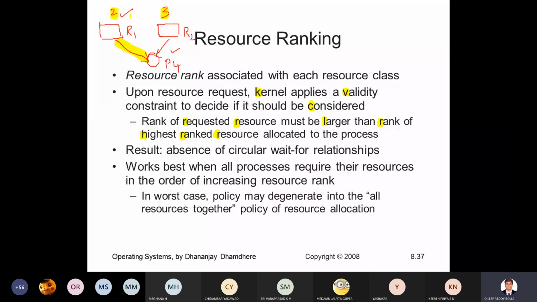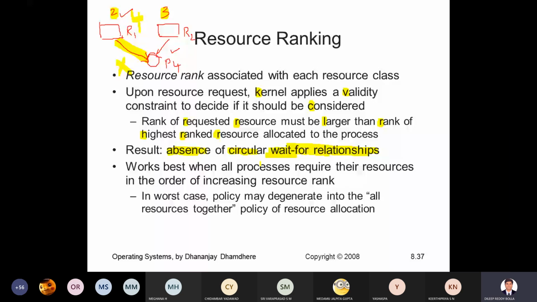If this is having, let us say, 4, then it will not be allocated. In this way, we are trying to make sure that we avoid circular wait. What we are able to achieve is the prevention of circular waits.